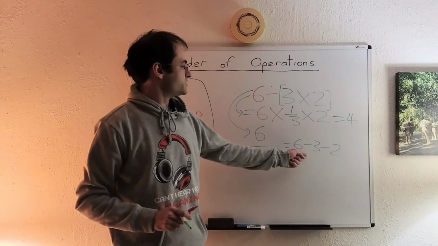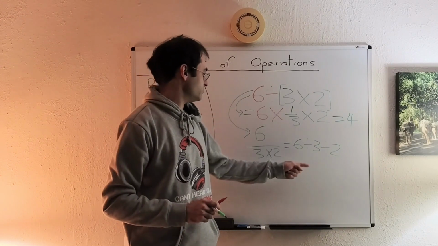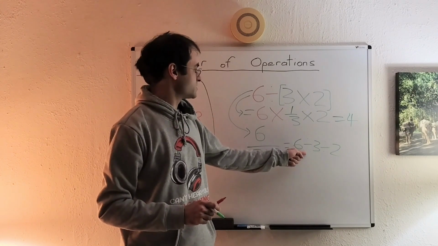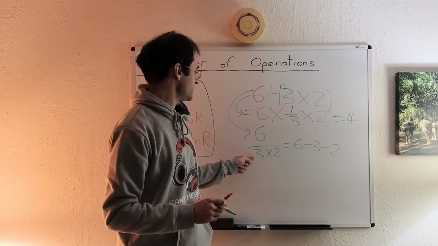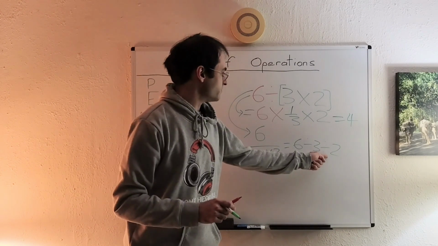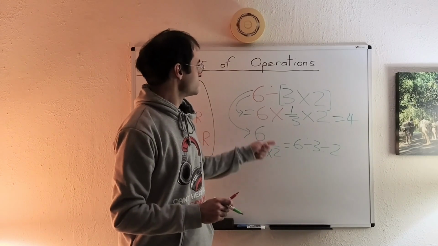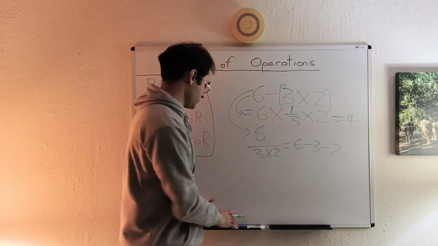And that would be equivalent to saying 6 divided by 3 divided by 2. Because 6 divided by 3 is 6 multiplied by 1 over 3. That's the 1 over 3 here. And divided by 2 is 1 over 2 there.